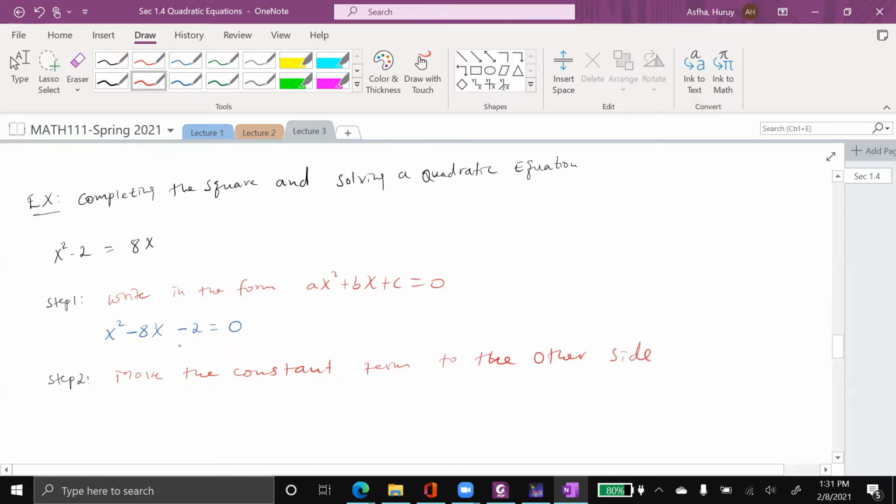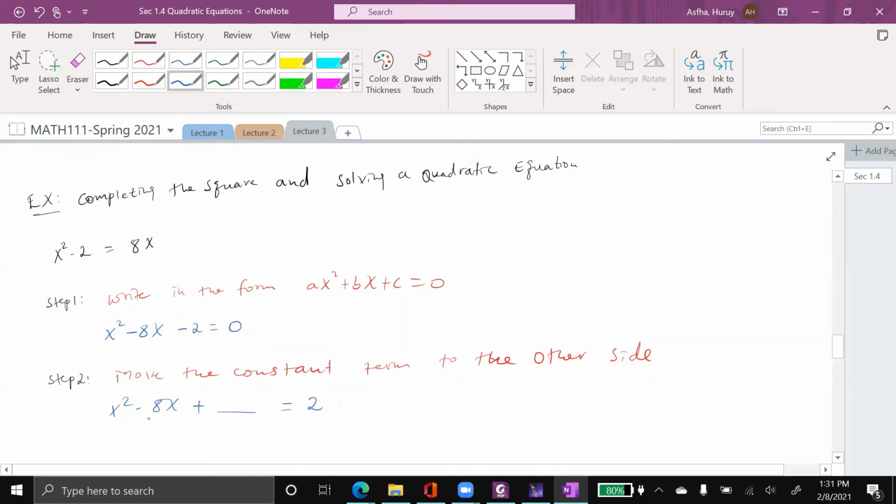So we have x squared minus 8x plus something equals positive 2. So I move this one, and I need some number here.